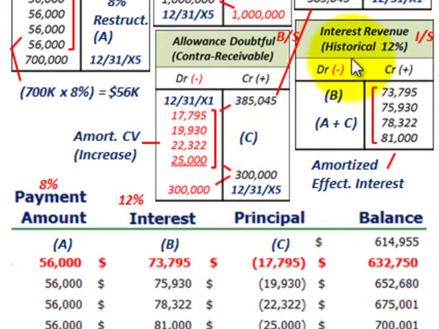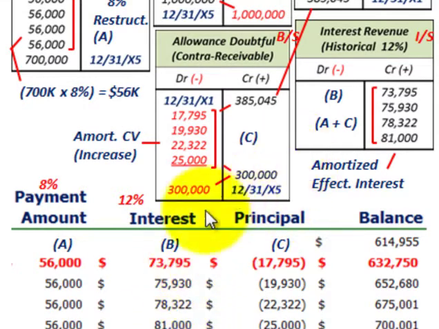Then the other thing we have to deal with is this interest revenue on our income statement, and that's at the historical rate of 12%. Again, that's going to come off our amortization schedule, the interest that we calculated. This was the effective interest that we're receiving.